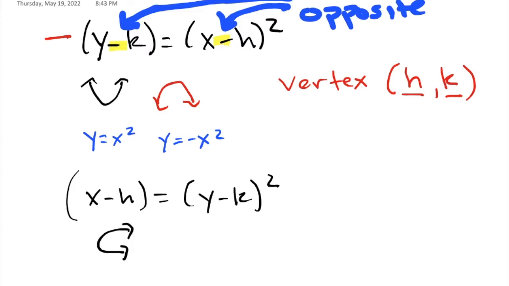And when we have it negative on any side, it's going to rotate it to the other direction, to the left. So we would often call this x = y² to make it more simple, and x = -y². So we're going to focus mainly on the vertical ones. They are the same exact process, however, so you can graph any type of parabola this way. So let's get started at how it all works.